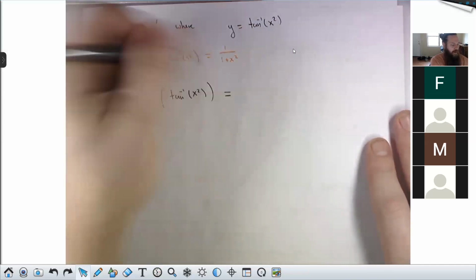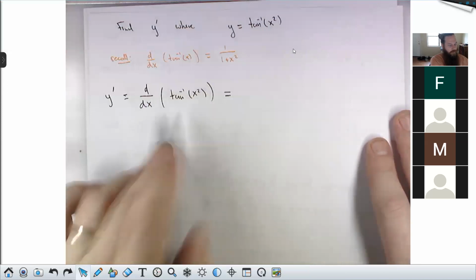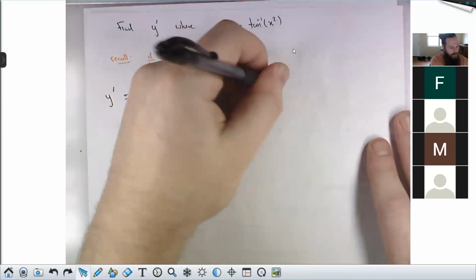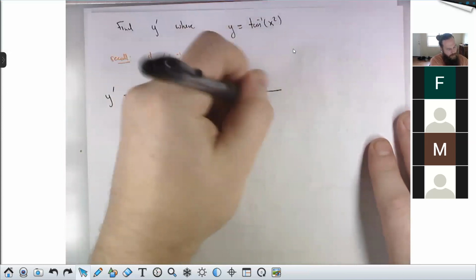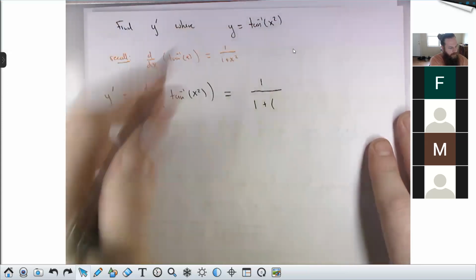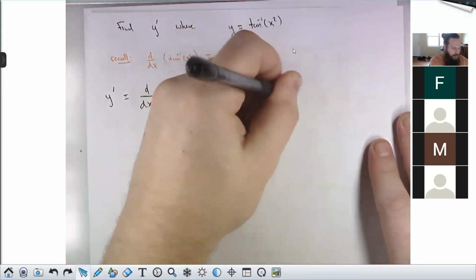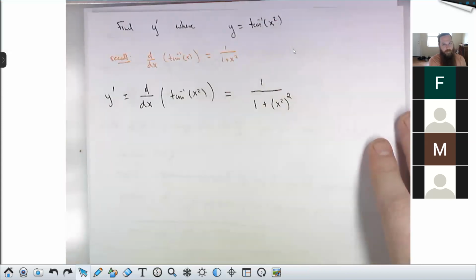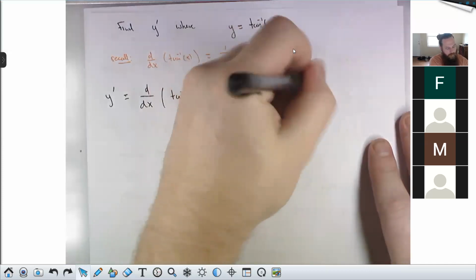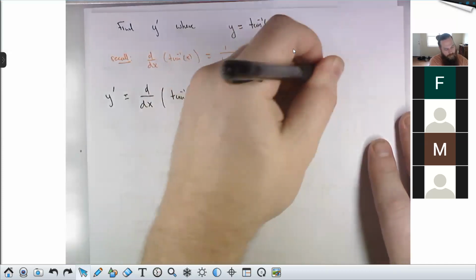If I differentiate the outer function, leaving the inner function alone, the derivative of the inverse tangent function is 1 over 1 plus its inside, which in this case is x squared, left alone, squared. And then we multiply by the derivative of the inside.